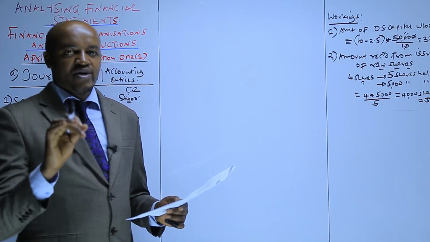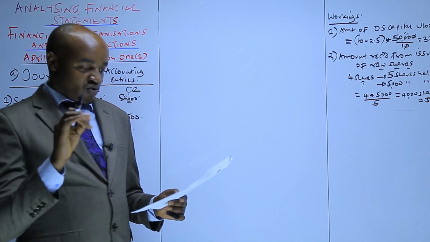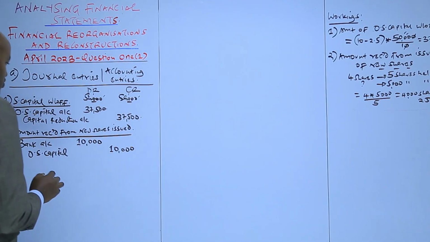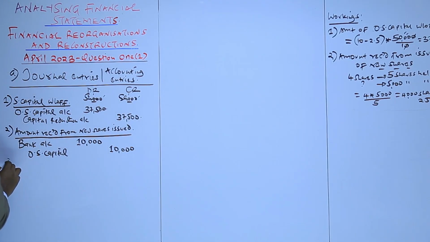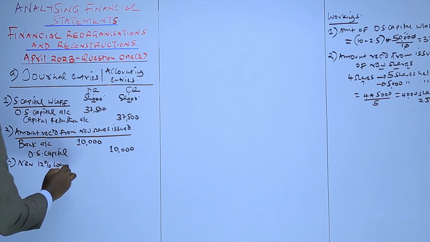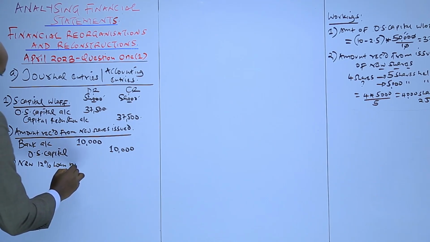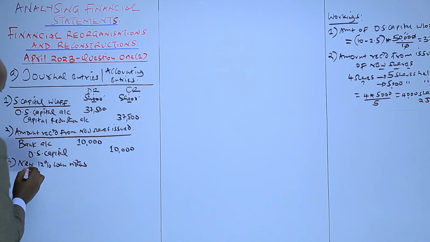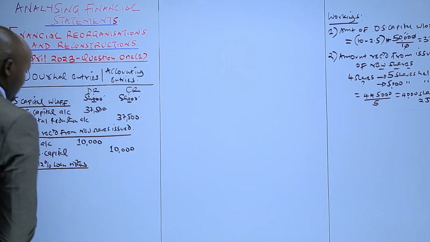And number 2, we are told the accrued interest on those particular loan notes will have to be paid immediately. So therefore, what we need to do, we need to account for that. So we can talk of number 3 here. We can talk of a new 12% loan notes, which basically have been issued to replace the old 15% loan notes.